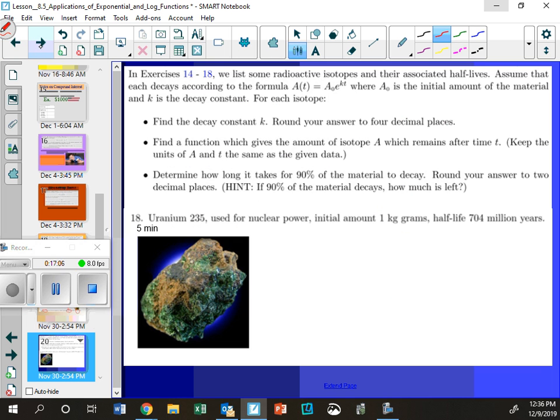And then your other one is this one. It's very similar. It's got this base equation, where a sub 0 is the initial amount of the material and k is the decay constant. You'll have to figure out the decay constant. So I'm going to need to use these numbers from this uranium-235. Remember that don't use 235. Use 1 kilogram of initial amount. So 1 goes right there.